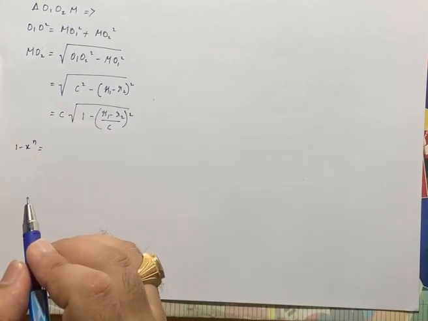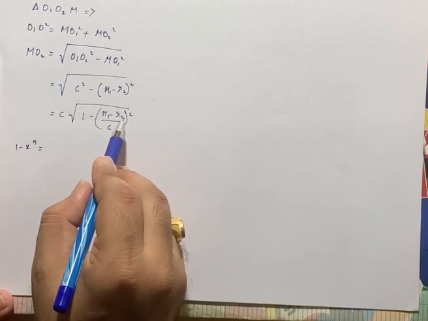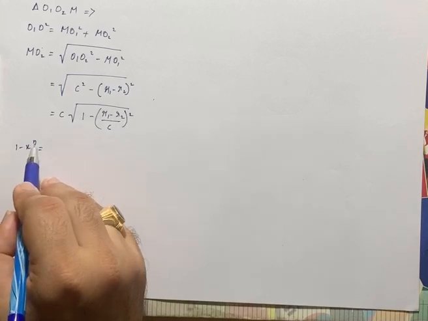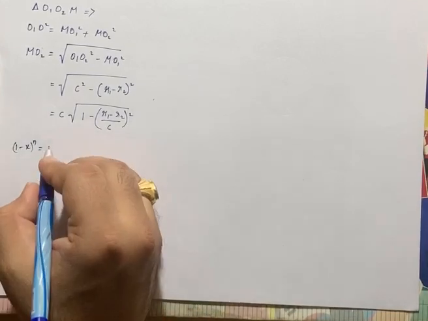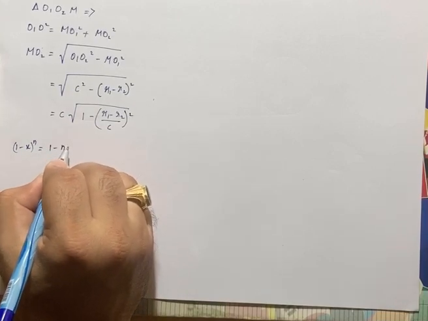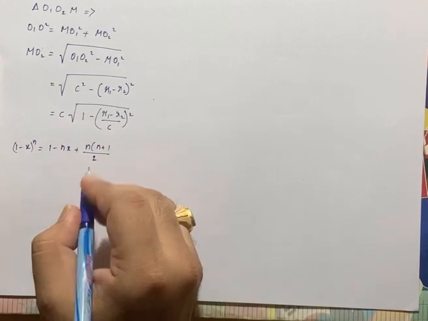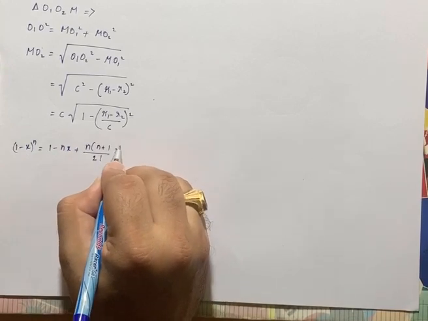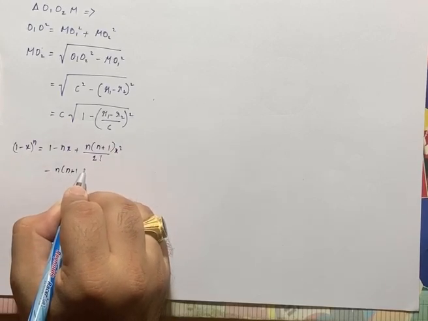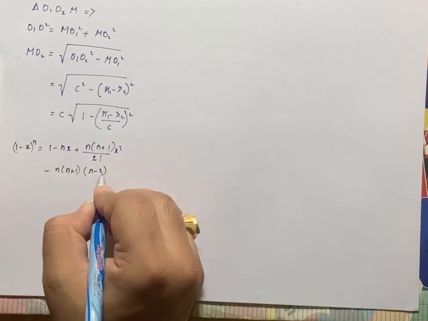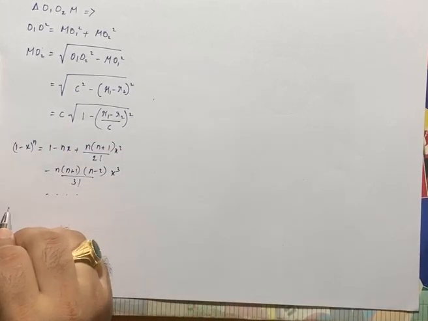So we will expand it: 1 minus nx plus n into n plus 1 divided by 2 factorial into x square minus n into n plus 1 into n plus 2 into x cube by 3 factorial, etc. So what is x here?